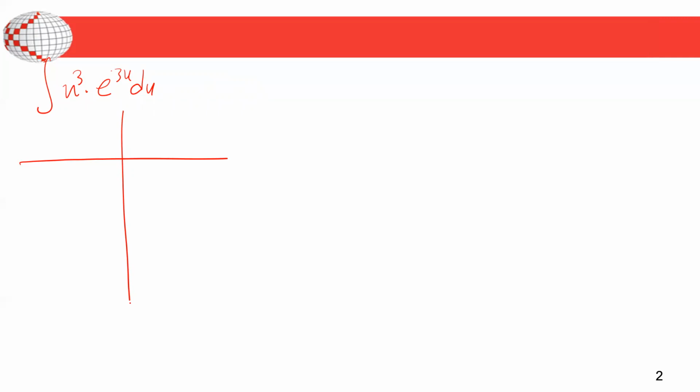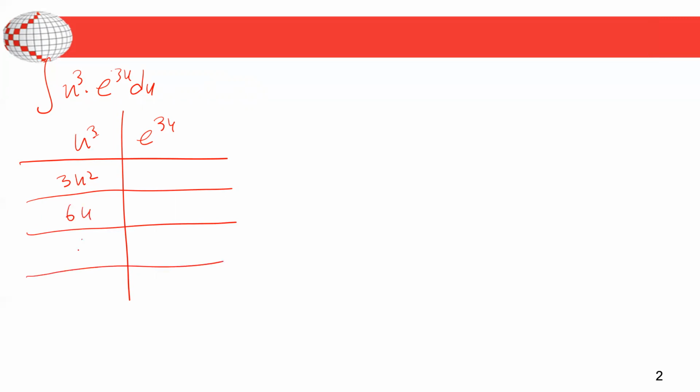We create a table where the first column is u cubed, the second column is e to 3u. Now we take derivatives of the first factor: we get 3u squared, then 6u, then 6, and the fourth derivative is 0.